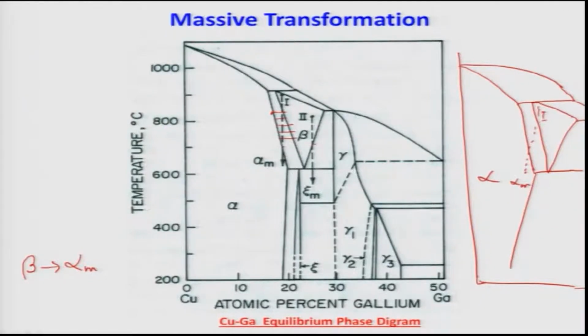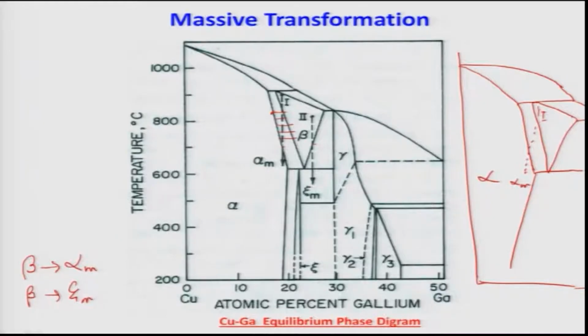Now, very interestingly, it so happens that if you quench this alloy 2, it will not undergo this two phase separation of gamma plus beta; rather, beta will transform to what is known as epsilon M, massive epsilon phase.